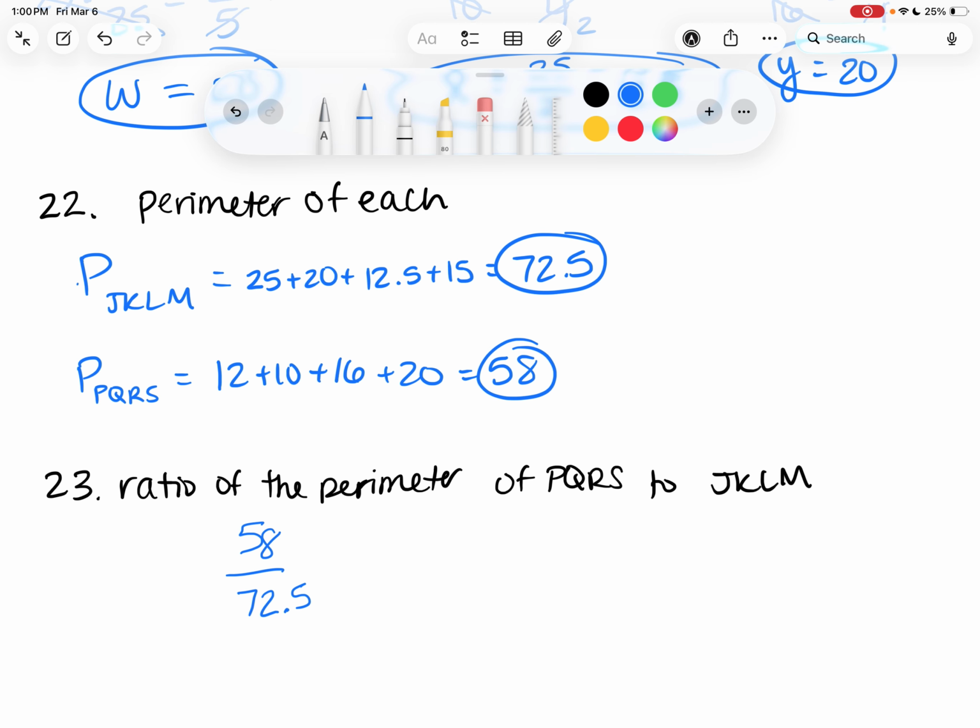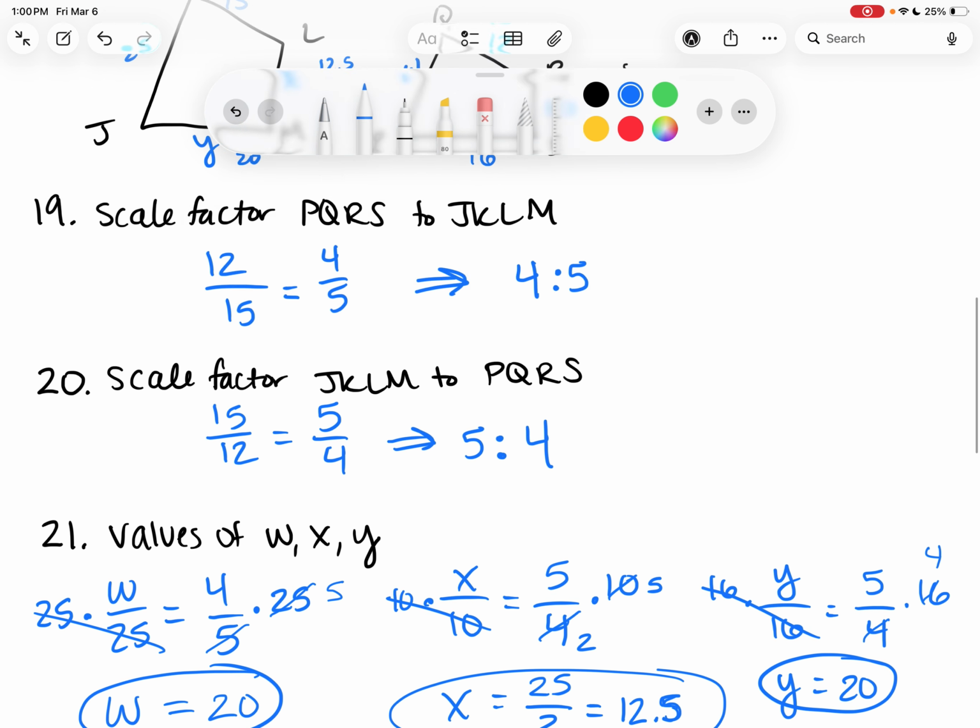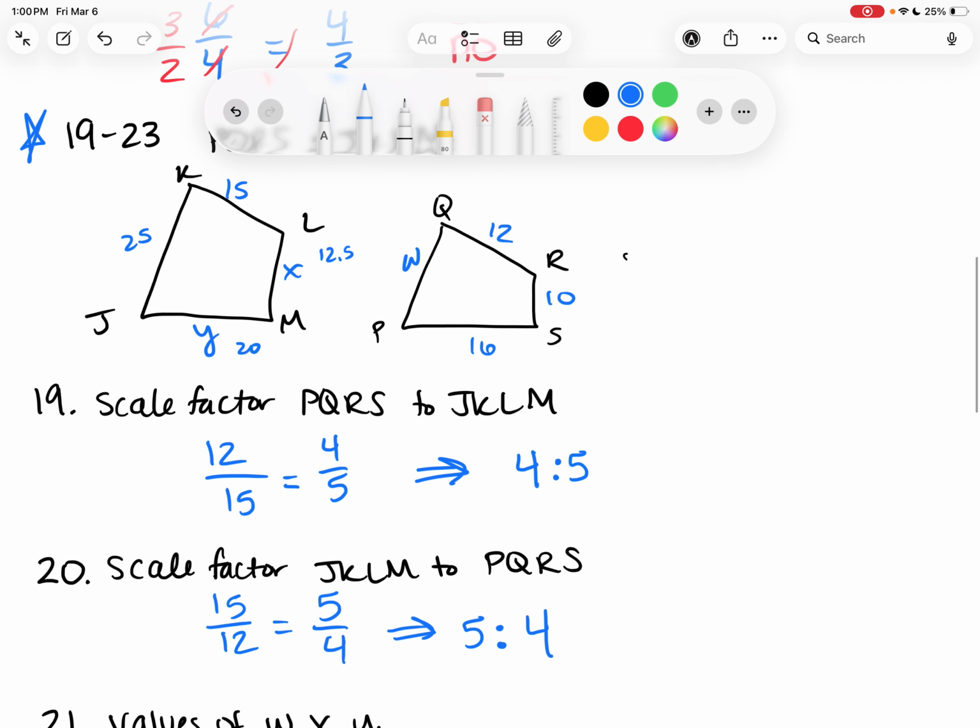But if I know that these two shapes are similar to each other, and I've shown what their factor is, so 4 over 5 or 5 over 4, which in this case it would be the one that's 4 over 5, then that means that if the sides are all a factor of 4 over 5, the perimeter also should be.